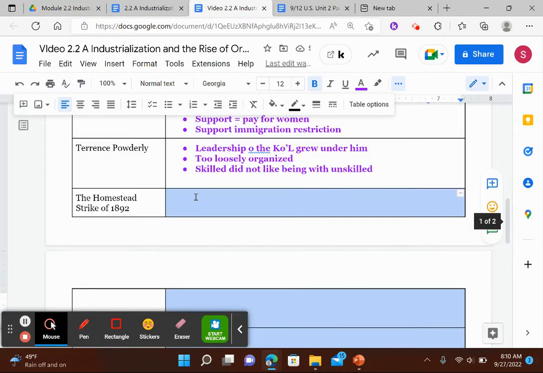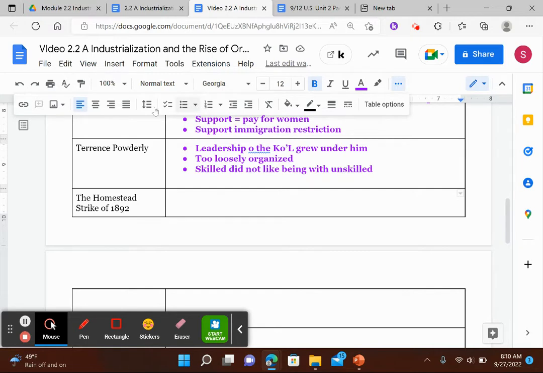All right, the Homestead Strike of 1892. Wealthy industrialists like Andrew Carnegie used immigrant workers or would close factories rather than negotiate with worker unions. In 1892, striking union members and hired company security forces fought against each other at Carnegie's Homestead Steel Plant.